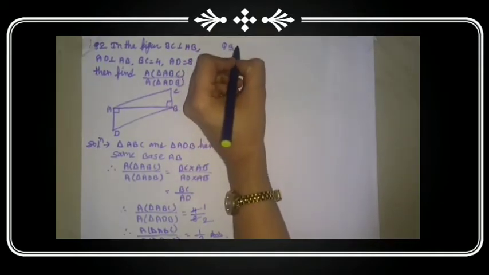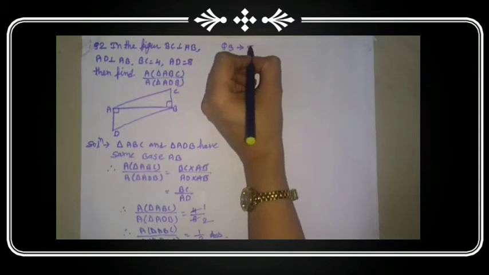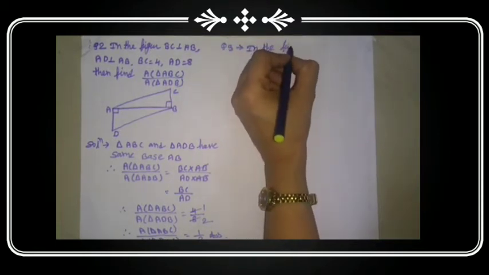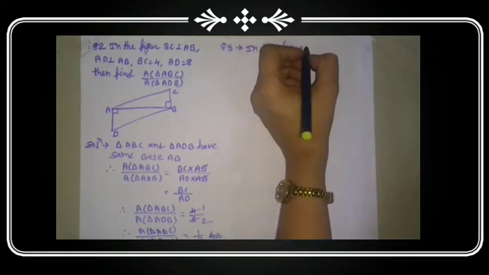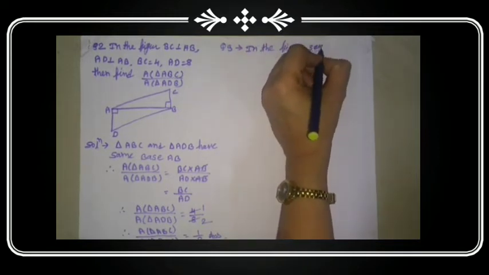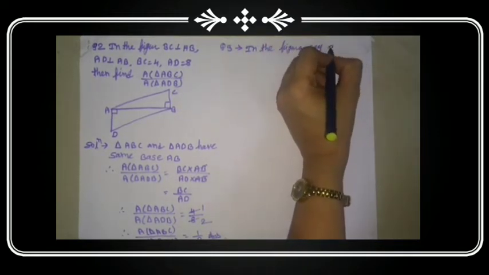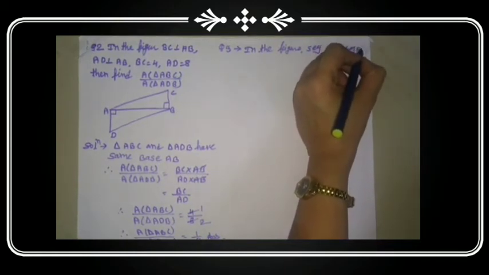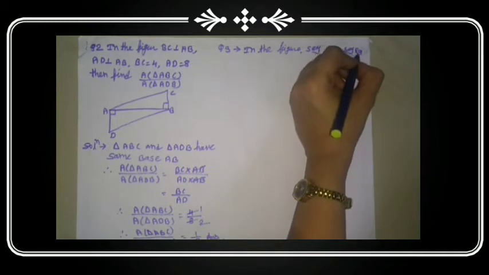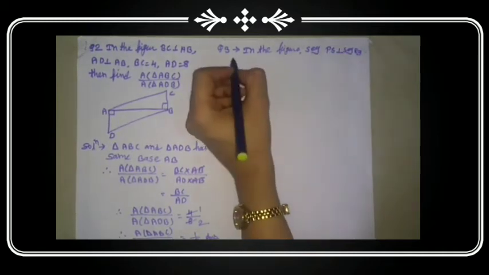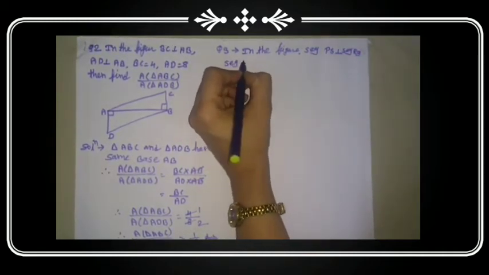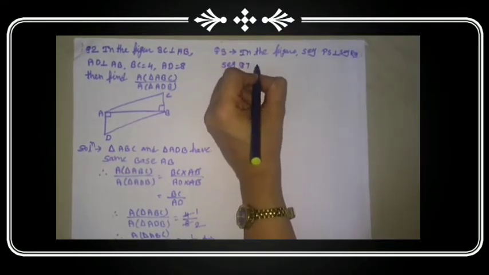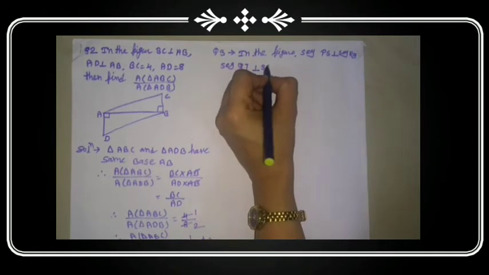Question number 3. In the adjoining figure, segment PS is perpendicular to segment RQ. Segment QT is perpendicular to segment PR.